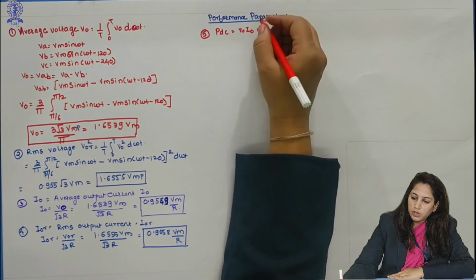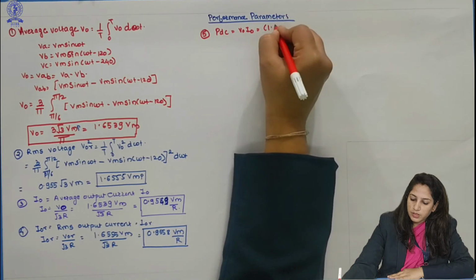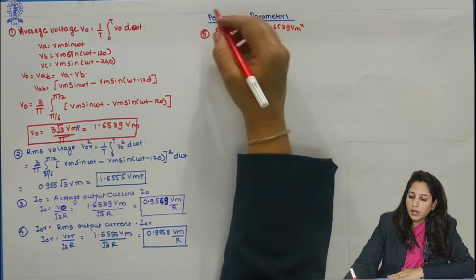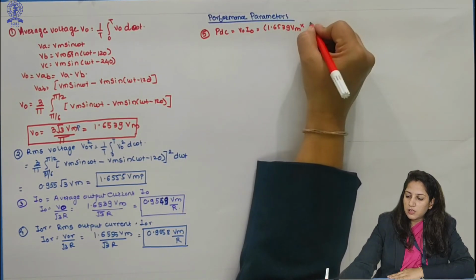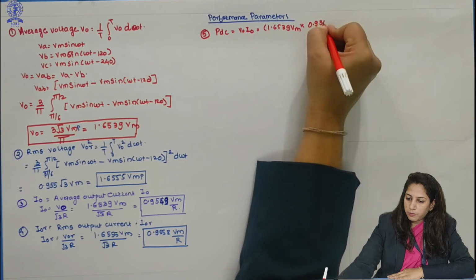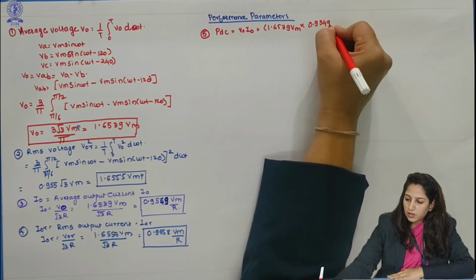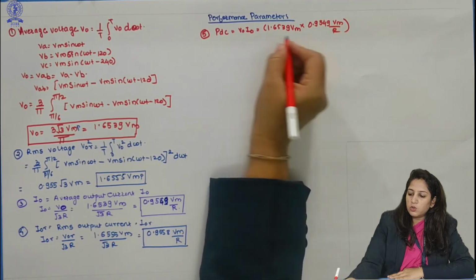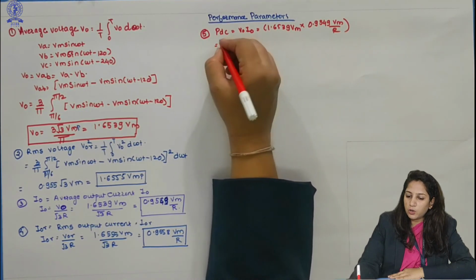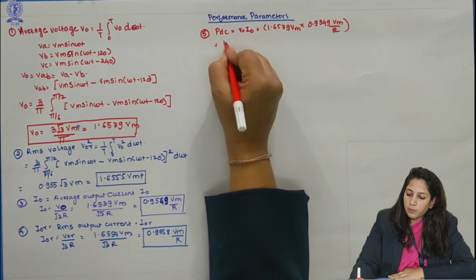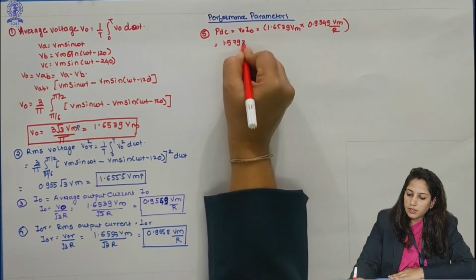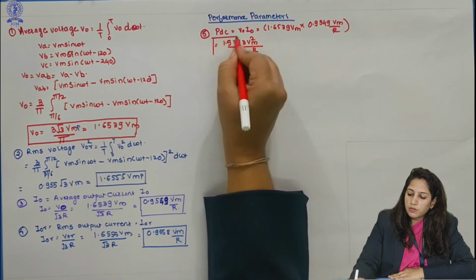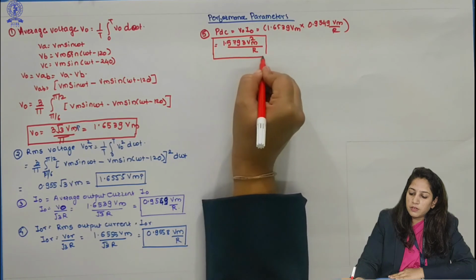Again VO we know is 1.6539 Vm, into IO, which is 0.9549 Vm upon R. After calculating this, we will get 1.5793 Vm square upon R. So this is my PDC.